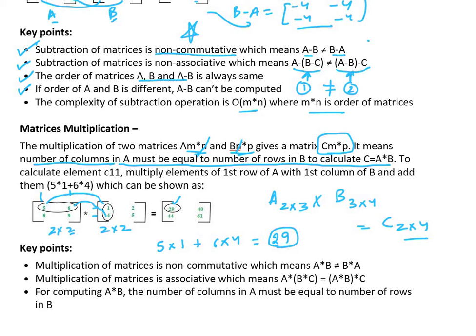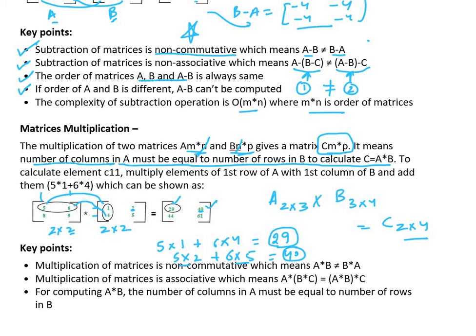Similarly, to get the second element of the first row, I'll multiply 5 with 2. Let me just write down here 5 into 2 plus 6 into 5, which gives me 10 plus 30, I'll get 40.